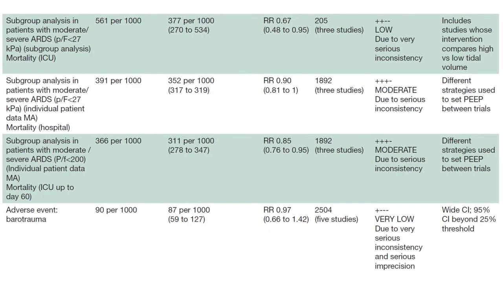In subgroup analysis in the same meta-analysis, for patients with moderate to severe ARDS, when the PF ratio was less than 150, high PEEP was associated with better survival. Also in the subgroup analysis of patients with PF less than 200, the PEEP was effective, with no changes in the incidence of barotrauma.